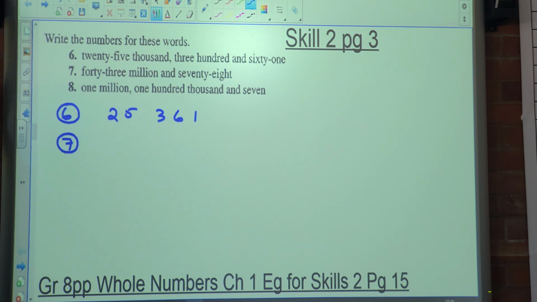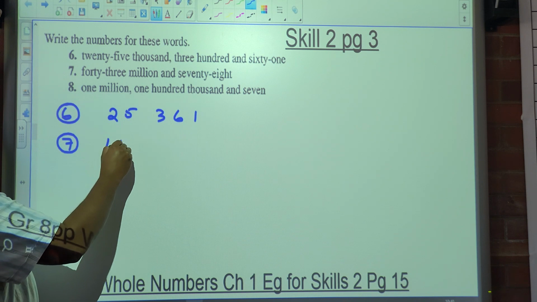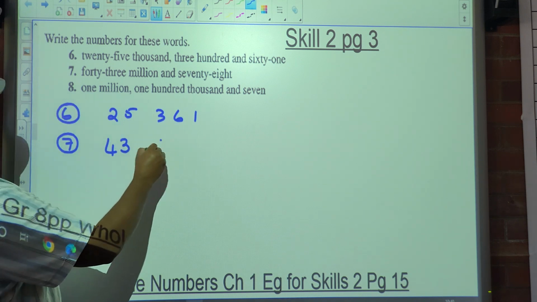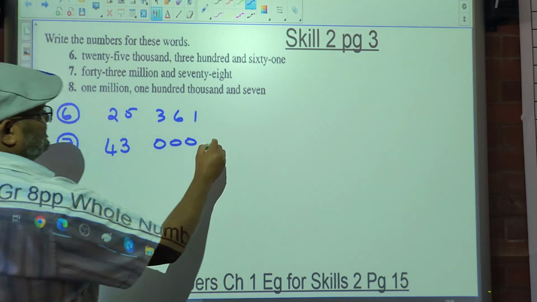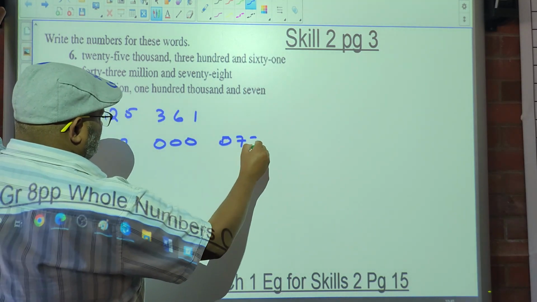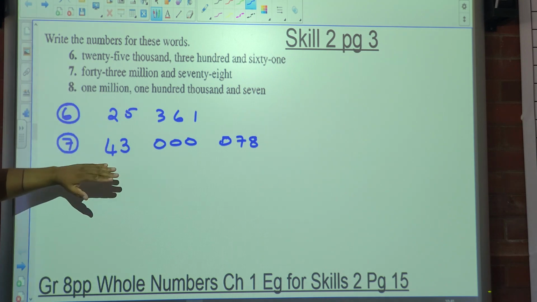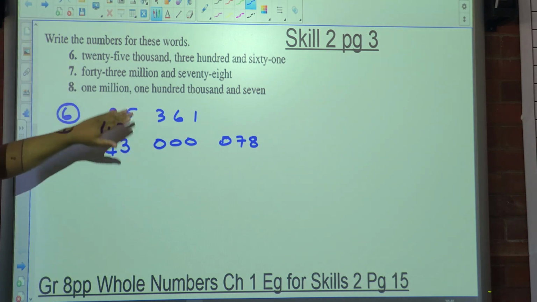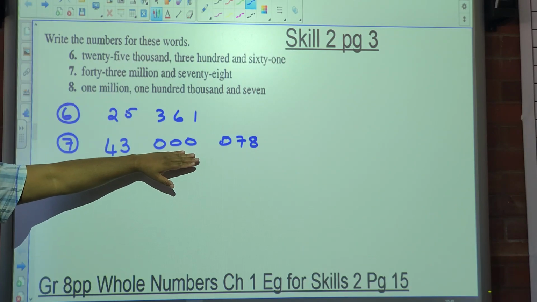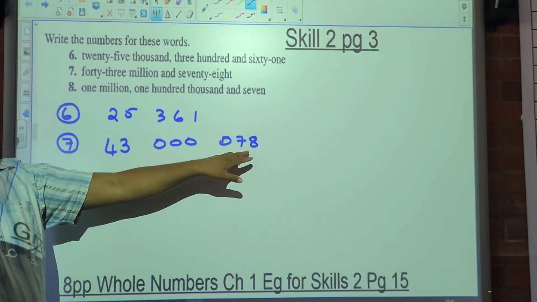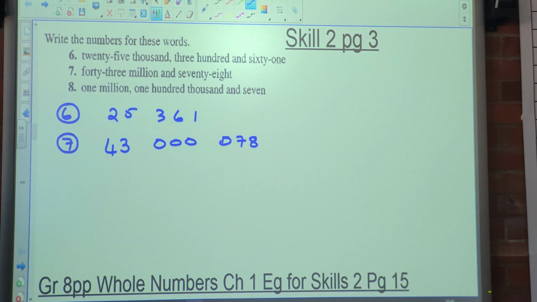43 million and 78. So what would I write here? Yes, 43, and 3 zeros, then 0, 0, 7, 8. You all agree with that? Yes. So the 43 is 43 million. There are no thousands here, that's why I put the 0s there. And 78. Okay, number 8.